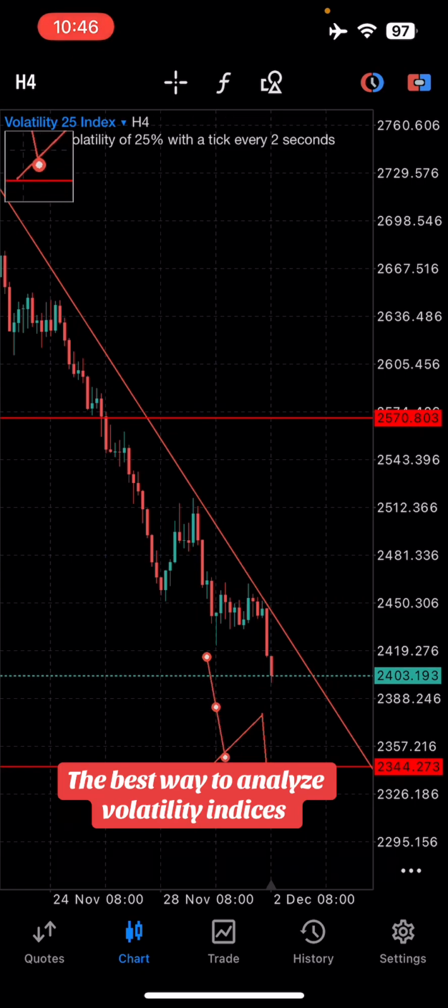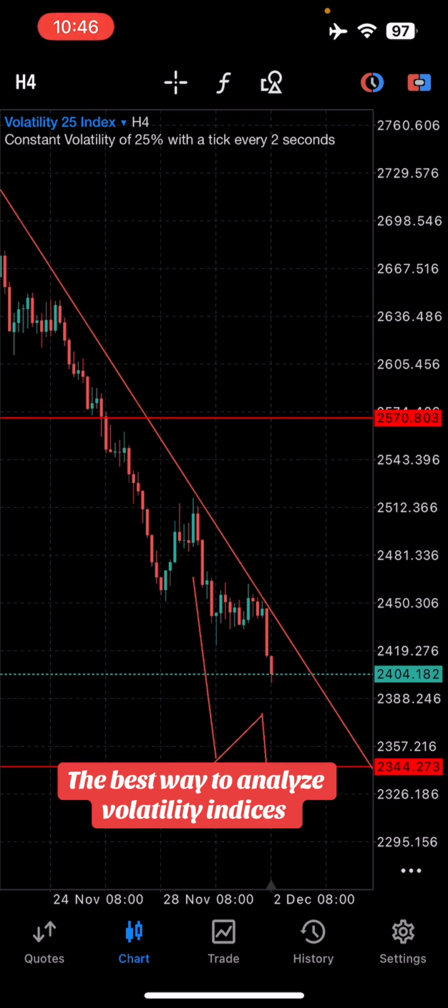Let's say it comes down like this. It's like a W shape. It's not going to be a perfect drawing. It came down here, went up, and then you see the market going to the upside, something like this. This is another example.